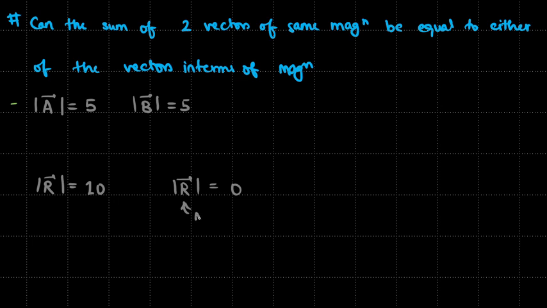This is the minimum case, and this is the maximum case. Any number between these two is also possible, so the magnitude of the resultant might be anywhere from 0 to 10.